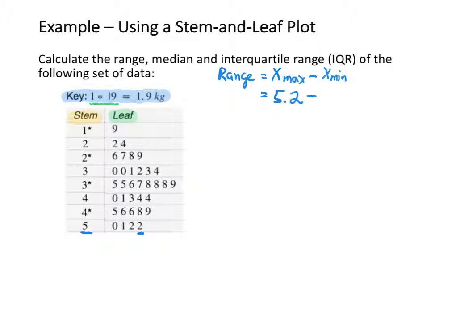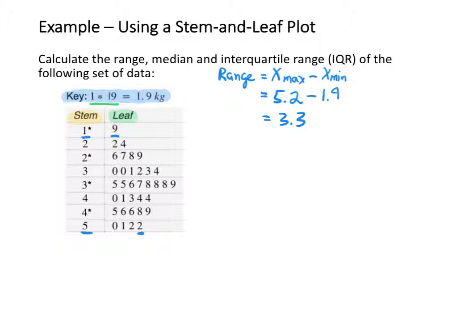And then going to the first number, we know our leaf is 9 and our stem is 1, so that is 1.9. To calculate the range, we go 5.2 minus 1.9. The answer, or the range, is 3.3. So the range of my data within the stem and leaf plot is 3.3.